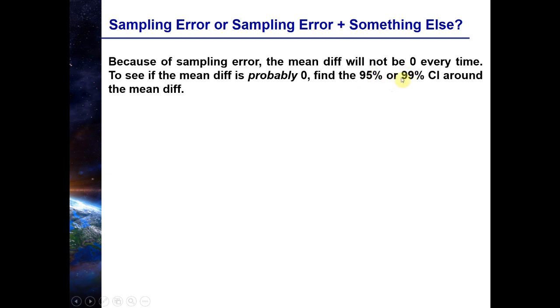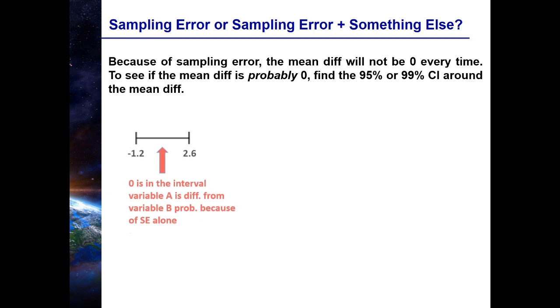So there's going to be a trade-off: which one do you want? You choose one of these, and then you calculate the confidence interval around the mean change, the last mean that you calculated. You draw an interval around it.